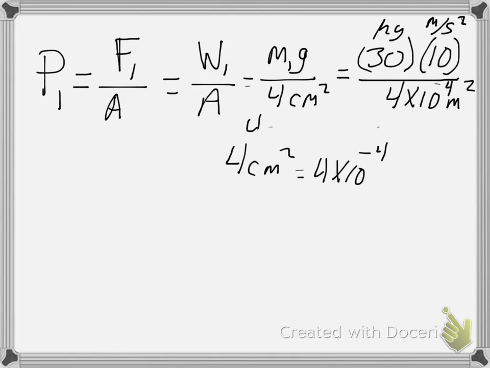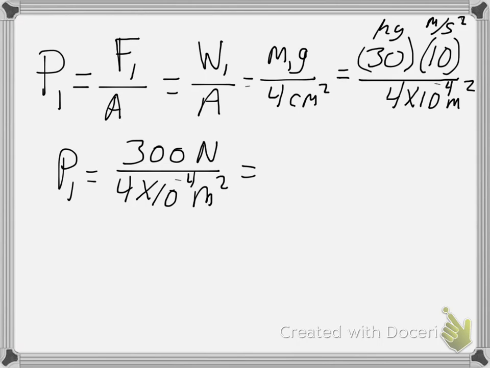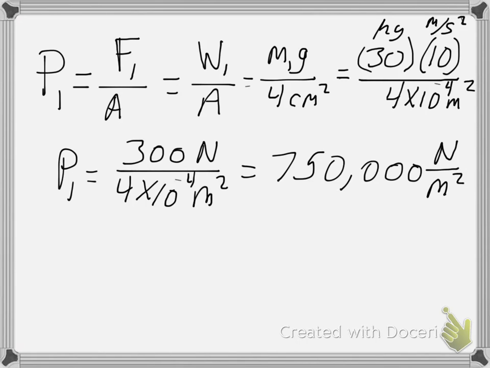But now that we've got that, what does this come out to be? Well, 30 times 10 is going to be 300. This is going to be 300 newtons divided by 4 times 10 to the negative 4 square meters. The result is 750,000, and we now have a new unit, newtons over square meters.